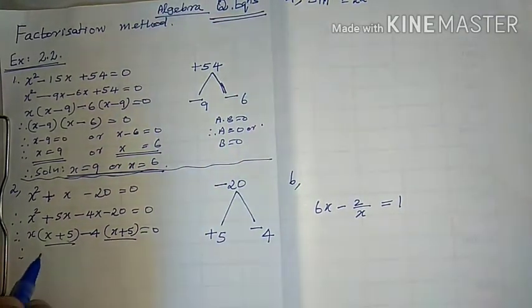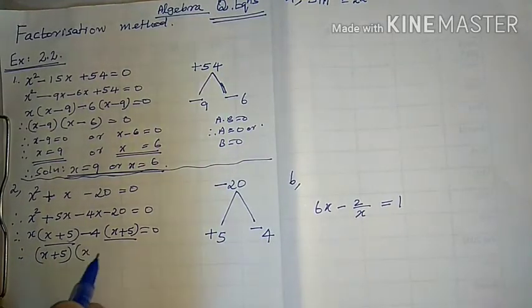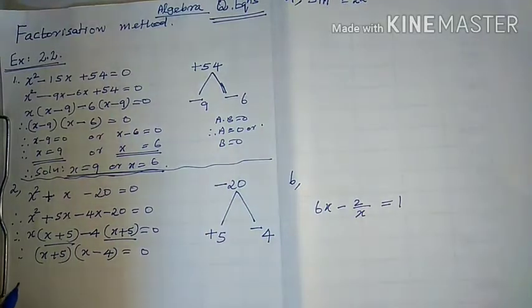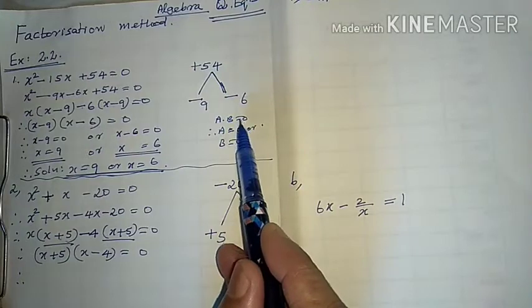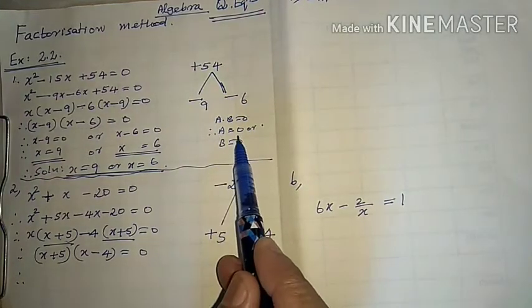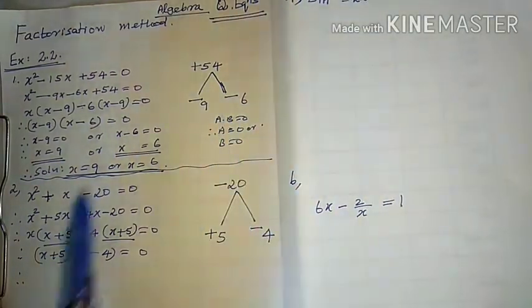This x plus 5 we take common factor, into this x, here this is into minus 4, equal to 0. Again same argument. Product of two terms is 0. It means either the first is 0 or the second factor is 0.